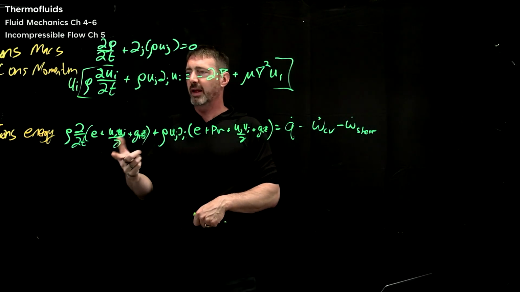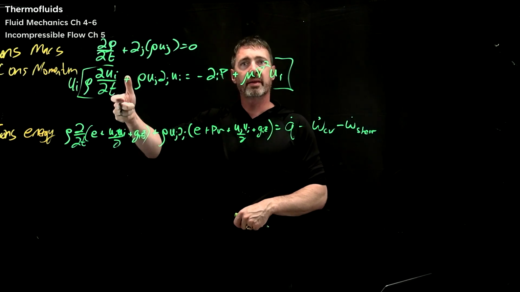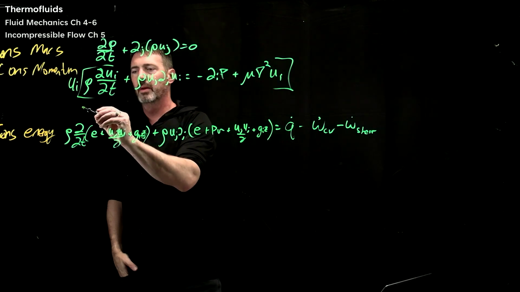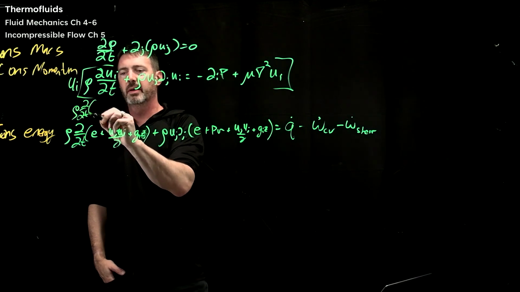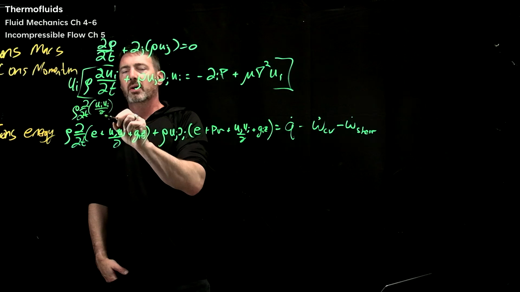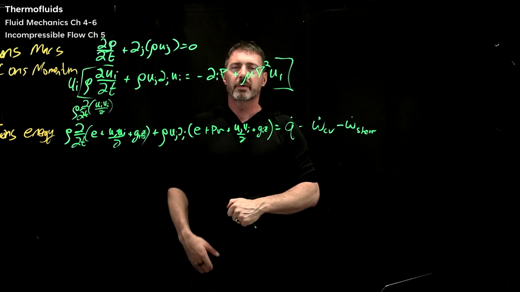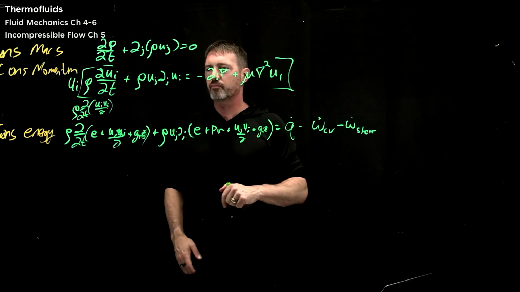And so what's going to happen with that? Well, on this term, I'm going to bring the ui inside. That would be rho times the rate of change in time of ui squared over 2. If you will, it's velocity squared, and then the 2 will come down and cancel out.